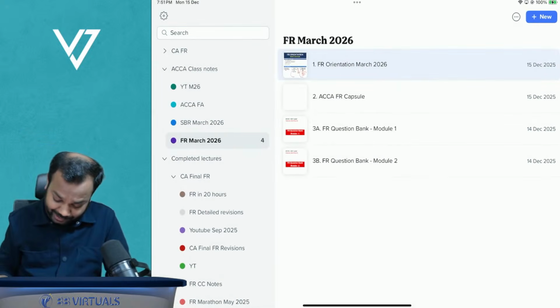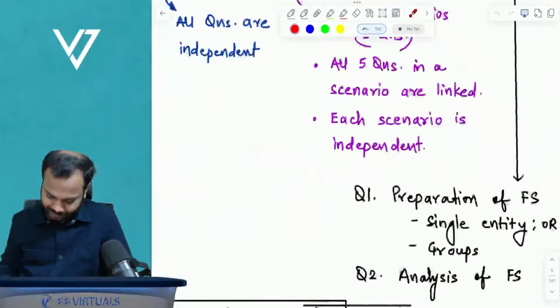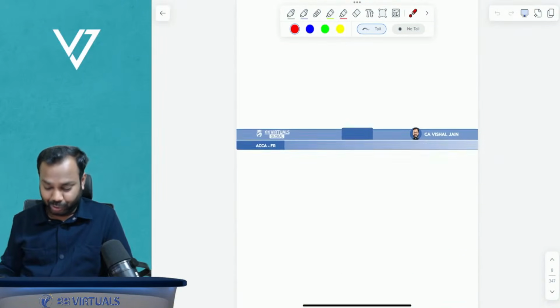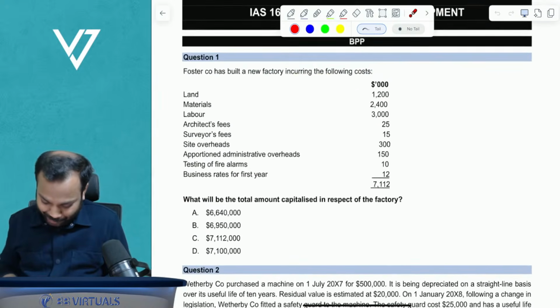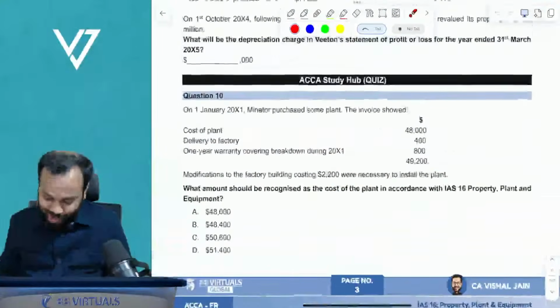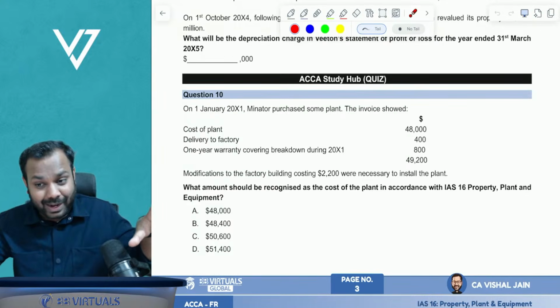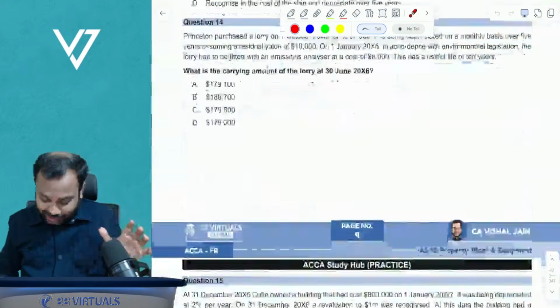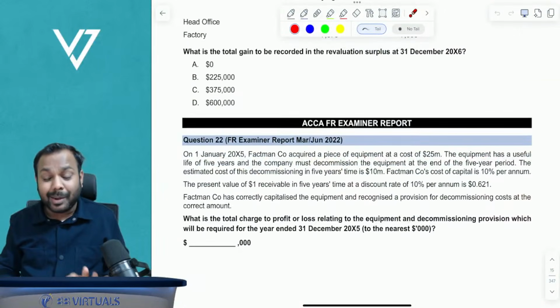So what I have done is, see this book. Section A questions. This has all the questions of BPP, all the questions of Kaplan, all the questions of Study Hub. Removed all the duplicate questions, and not only that, all the questions of examiner report as well.